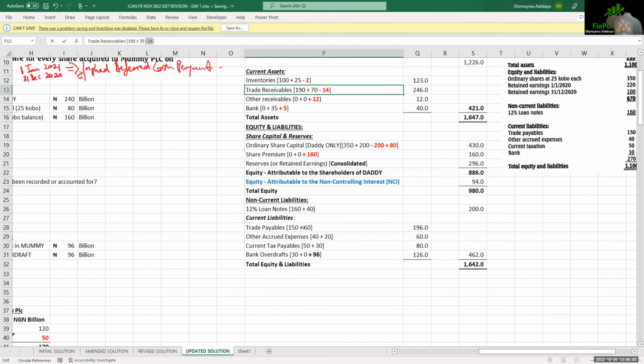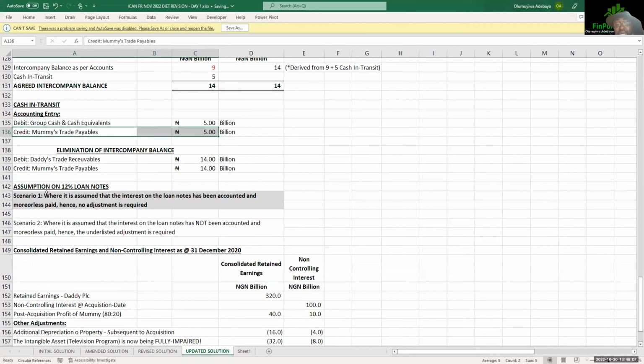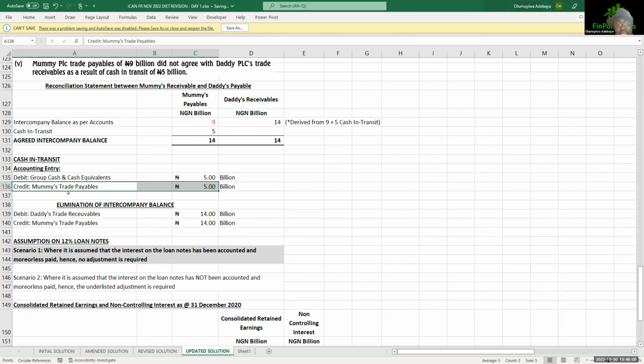The other one is the payable leg. The payable leg first is that I added 5 and I deducted 14. How? You see it here. The first 5 I added was the Mommy's payable that later recognizes return of the cash back to his account since he failed. And that is 5 to increase it to 14. And we eliminated 14, which is what you see here.